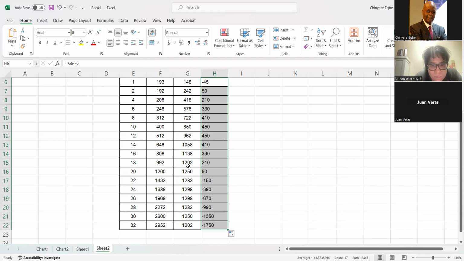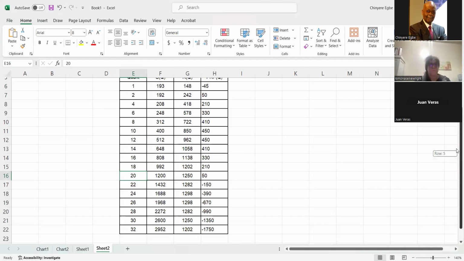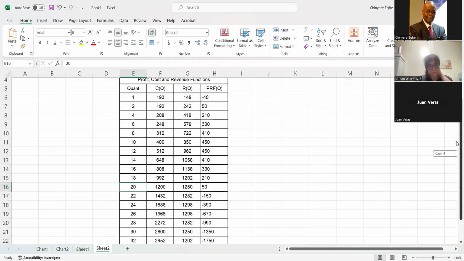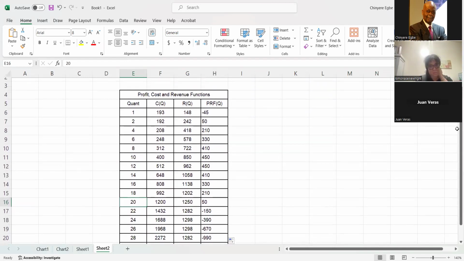So at a quantity of 20, you can see your profit is 50.